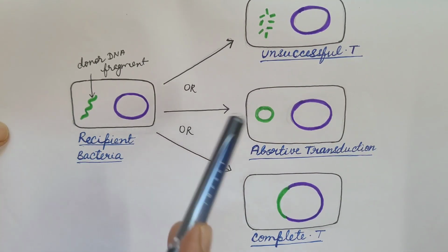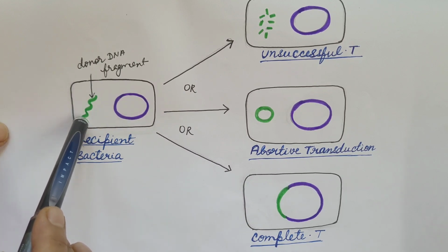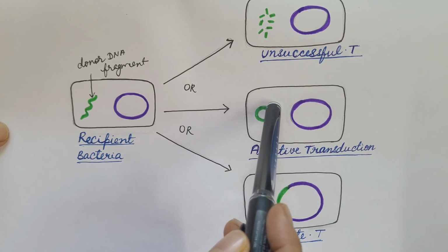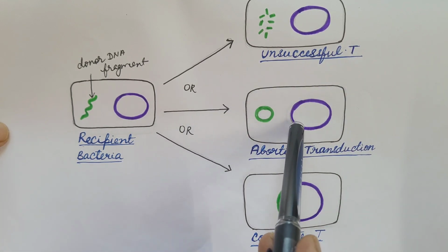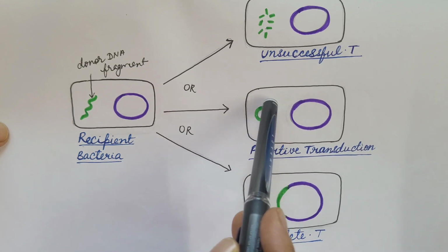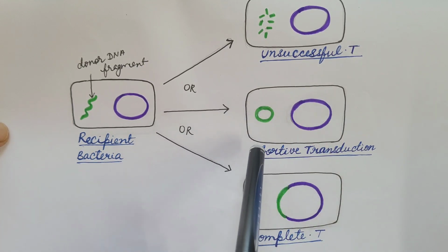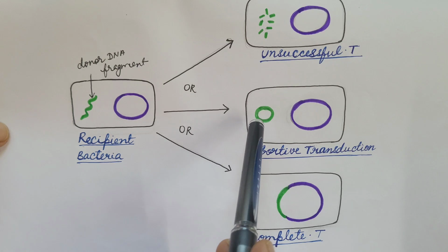In the second fate, what happens? If this donor DNA fragment is originally a plasmid, then it recirculates. It forms a plasmid and remains extrachromosomal. That is, it does not integrate with the recipient bacterial genome, as a result of which it does not replicate along with this bacterial genome, and the genes present in it are expressed for a short period.